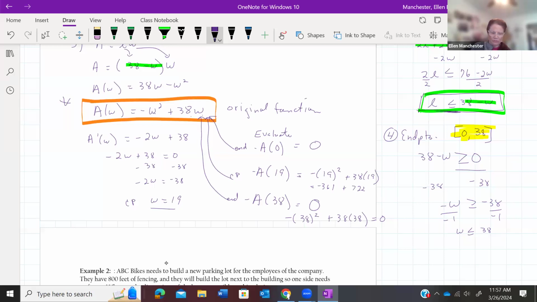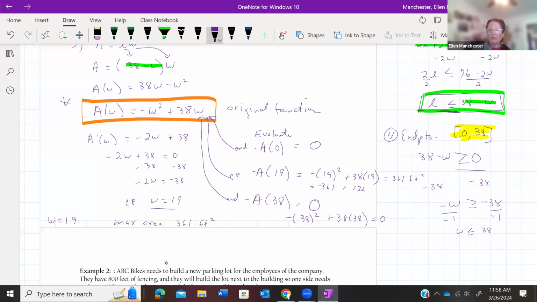So 722 minus 361 is 361. Okay, so in this section, again, being able to interpret your answer is going to be huge. I have a width of 19 that gives me a max area of 361 feet squared.